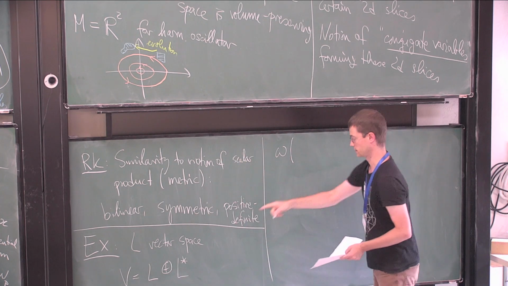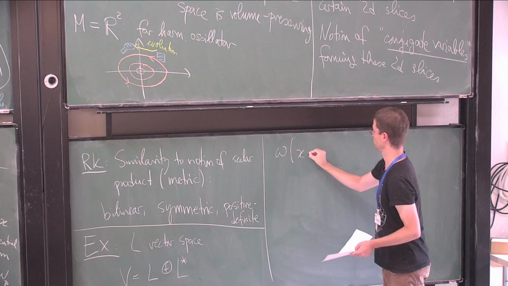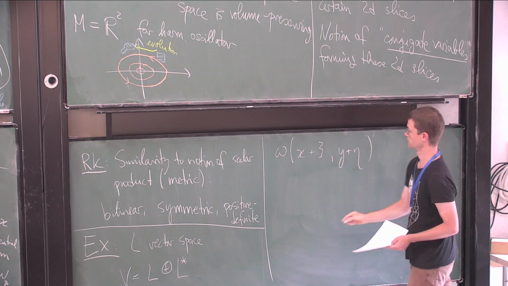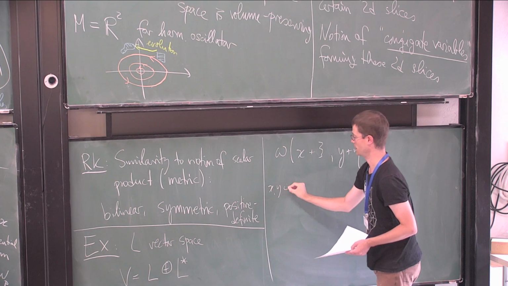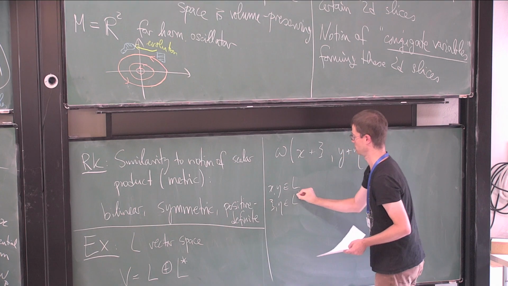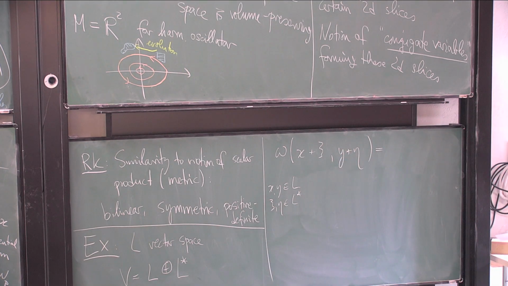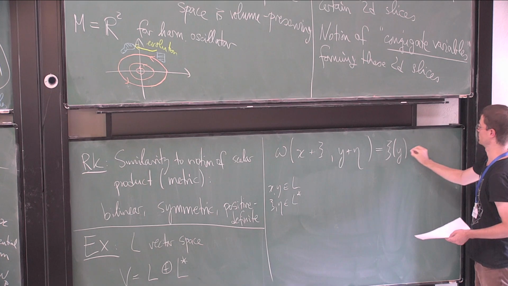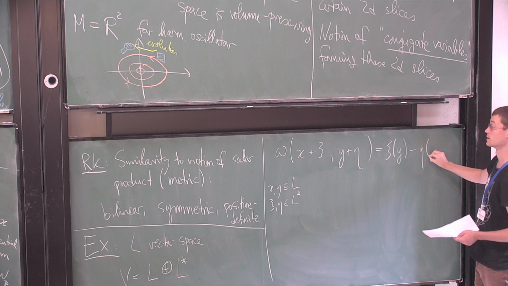A vector, since it's a direct sum, is something like this, where x and y are in L, and psi and eta are in L star. The rule is that you apply psi to y, and you subtract eta applied to x.